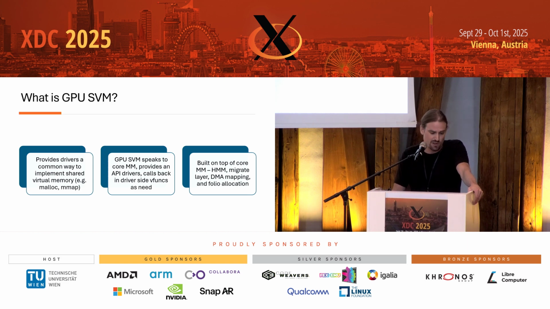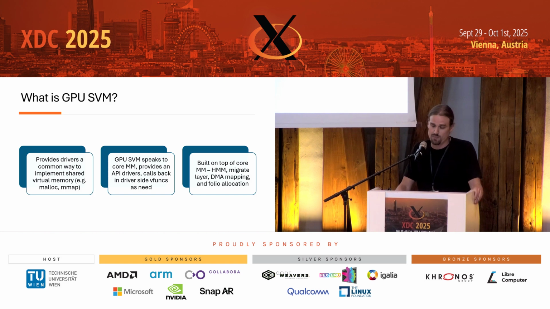So the layering of this is: GPU SVM speaks to the core MM. It provides an API that's simpler than the core MM API to implement SVM. And then as needed, it will call back into the driver with vfuncs.